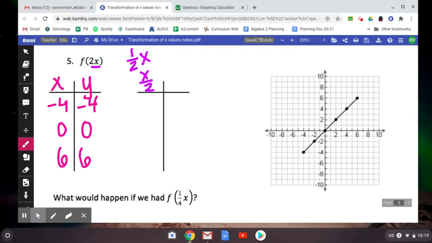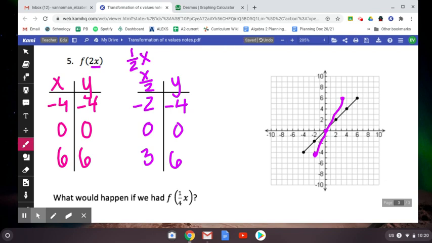So let's do that to our x values. This would be -2. 0 divided by 2 is still 0, and 6 divided by 2 is 3. My y values remain the same, so I have -4, 0, and 6. Once I graph this, I have this point here, here, and (3, 6) here. It looks like this line is actually smaller.